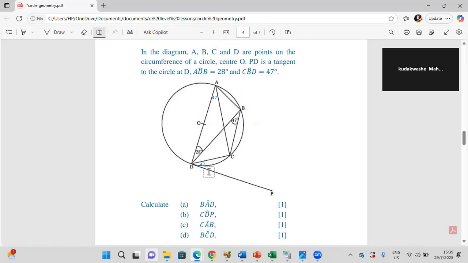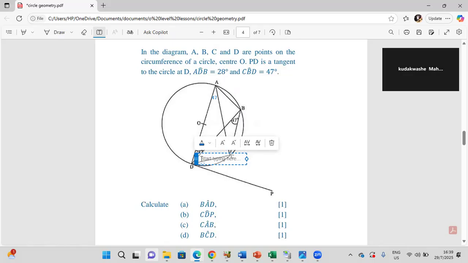Then what else are we given here? This shape is 4 corners, 1, 2, 3, 4. It's a cyclic quad. So the opposite angles add up to 180. That's another thing to take note of. Again, this is a tangent and this is a center. So these angles are supposed to add up to 90. If you add 28 plus 47 plus the angle we don't know here, should give you 90.